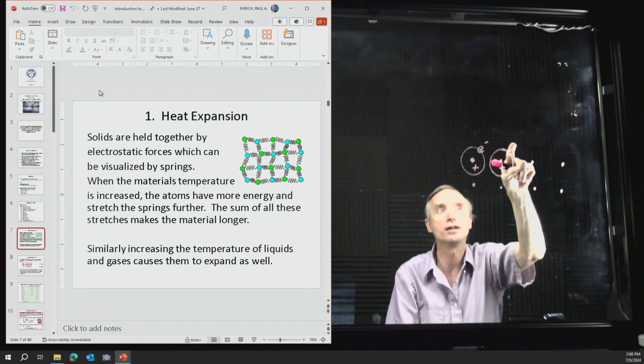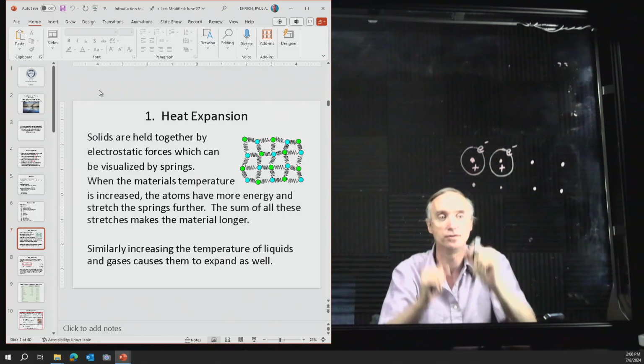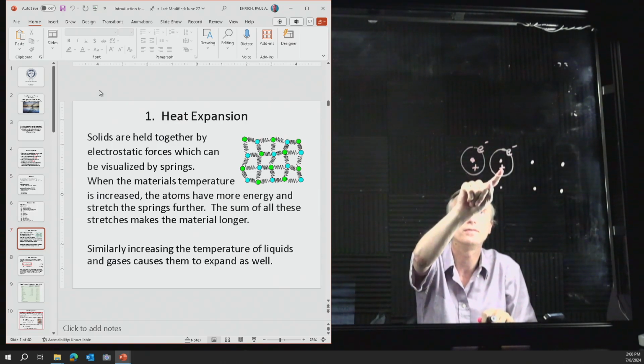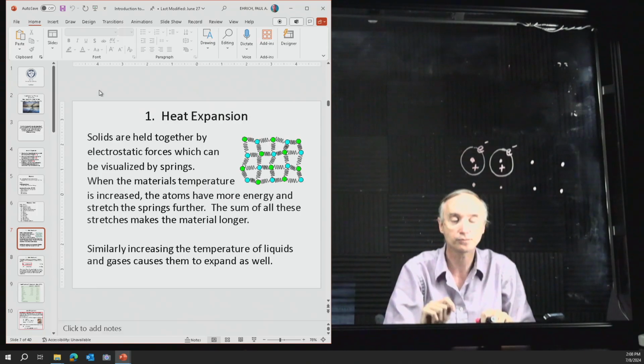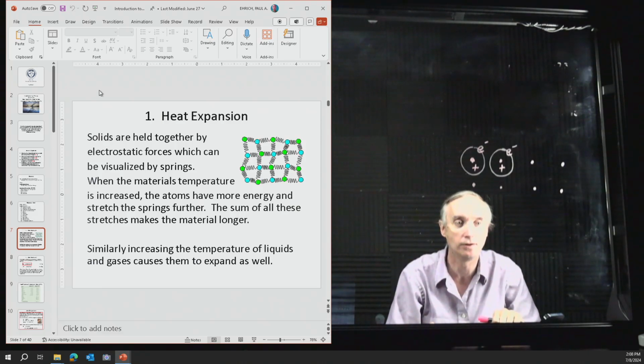So imagine this electron over here is going to see this positive nucleus and it's going to be attracted to it. And this electron over here is going to see this positive nucleus and is going to be attracted to it. And these two electrons are going to see each other and they're going to be repelled.